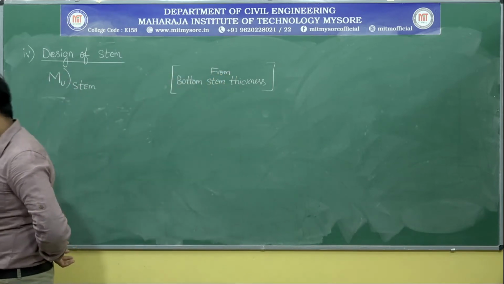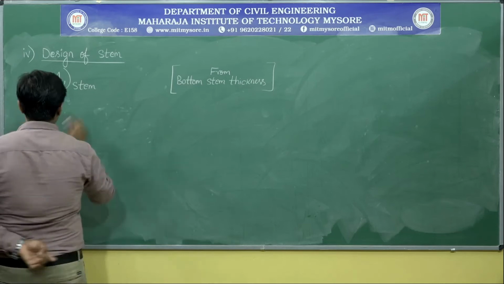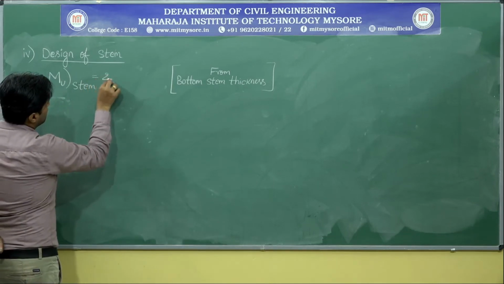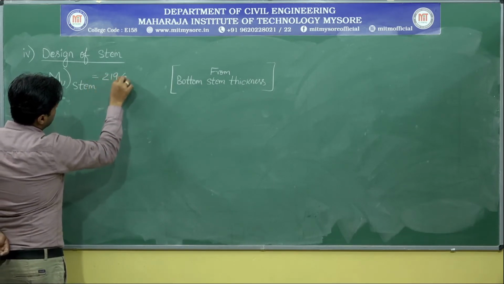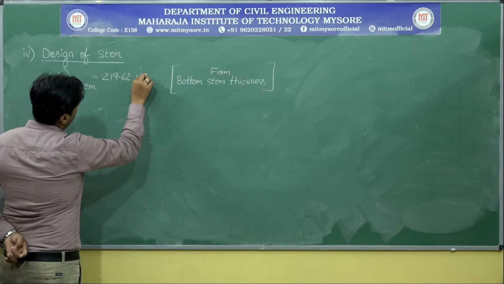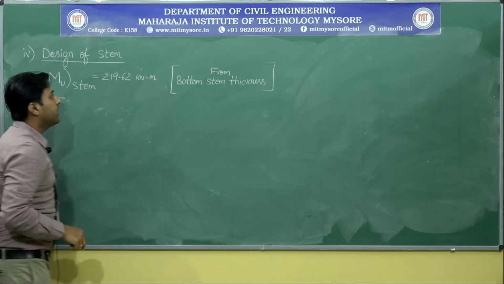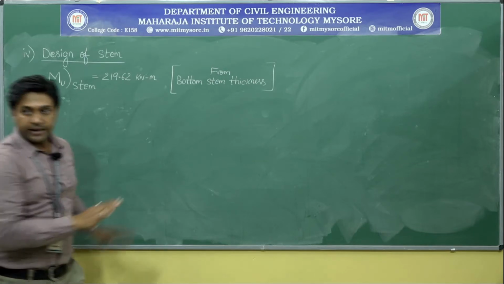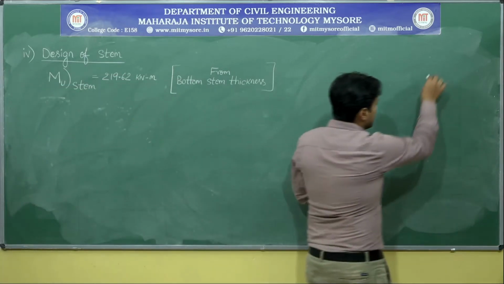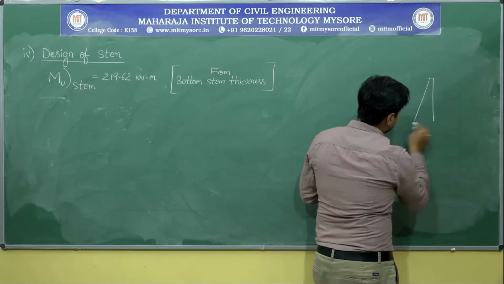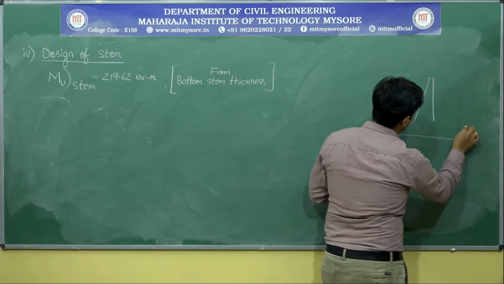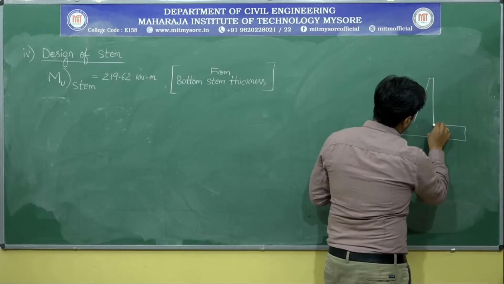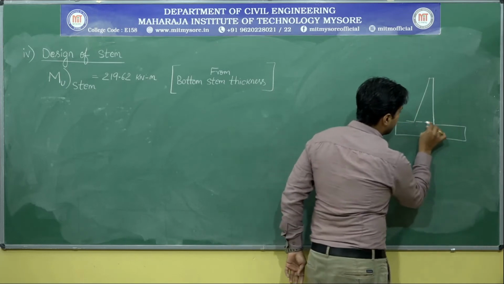What is that particular value? It's 219.62 kilonewton meter. I think you remember, while calculating the thickness, I have taken a section like this.